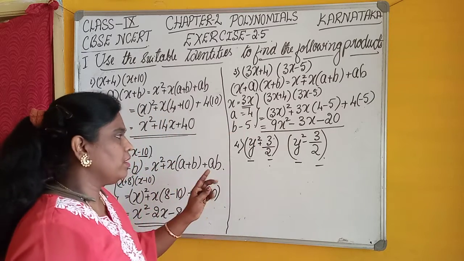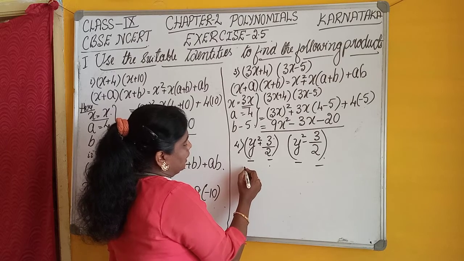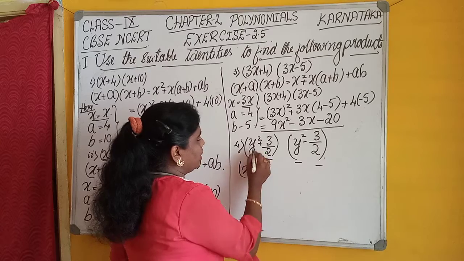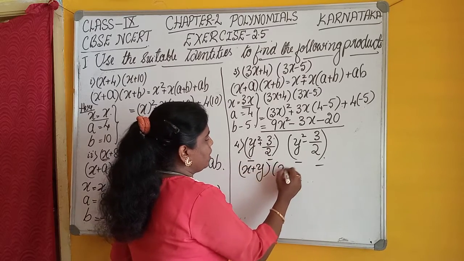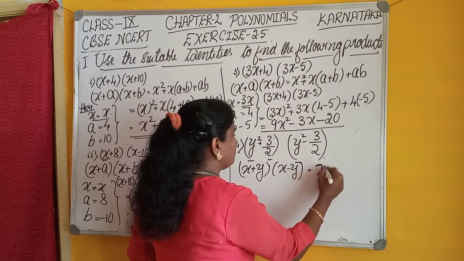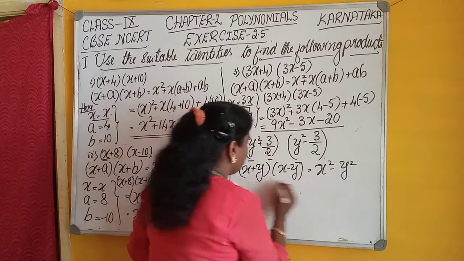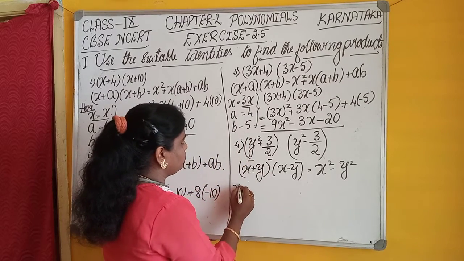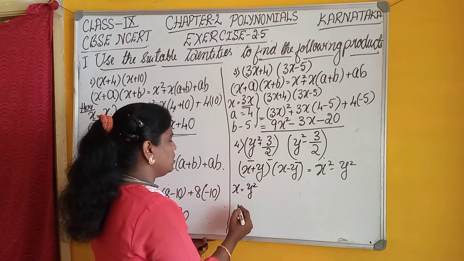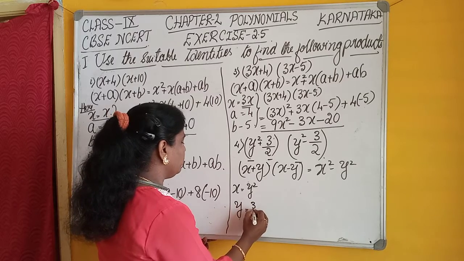Therefore we can compare this with the identity (x plus y) into (x minus y), which is x square minus y square. Now the value of x is y square and the value of y is 3 by 2.